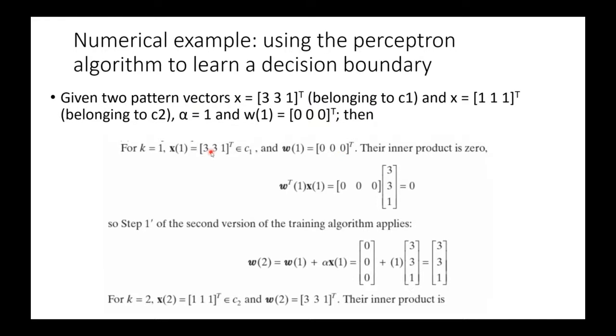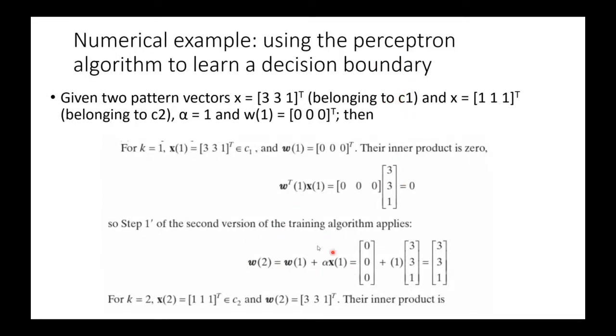For the first example, as a supervised learning problem, I know that this example belongs to the class C1. And this is the initialization of the weight vector. Then we do the inner product, which is what the perceptron is calculating, and that gives a value of 0. But that's a wrong prediction. The perceptron just predicted that this example is on the boundary line and not belonging to the class C1.